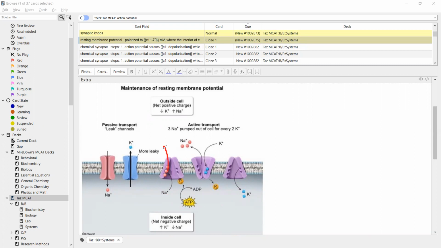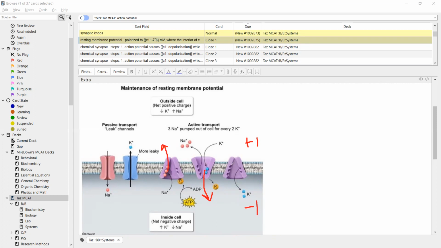What that's doing, because 3 positive is going out and 2 positive is coming in, that's a net of +1 to the outside and -1 to the inside, right? Does that make sense? If there's 3 positive out and 2 positive in, then the inside of the cell lost a positive and the outside of the cell gained a positive charge, essentially.